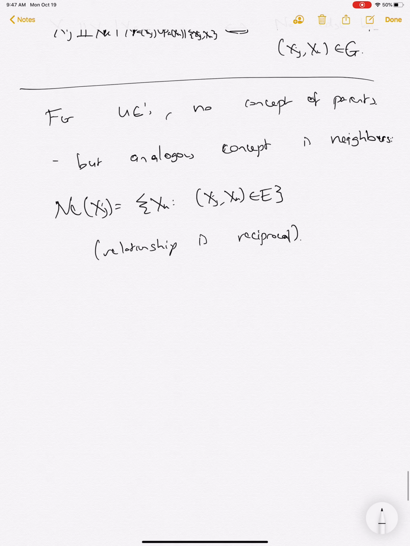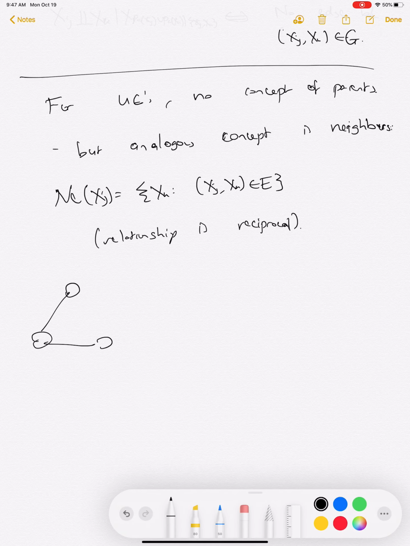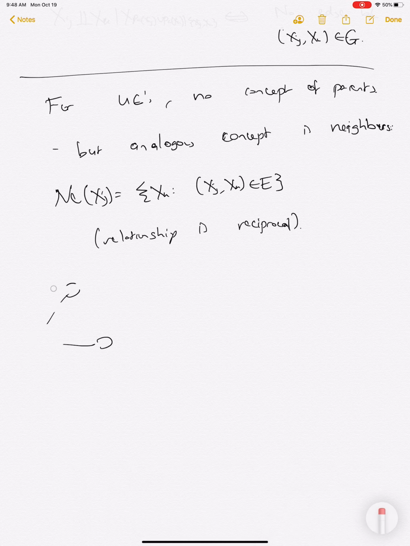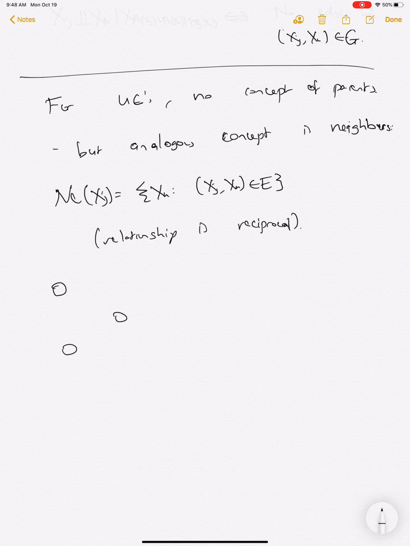Okay, and so just to give you some examples, with x1, x2, and x3: the neighborhood set of x1 is just x3.